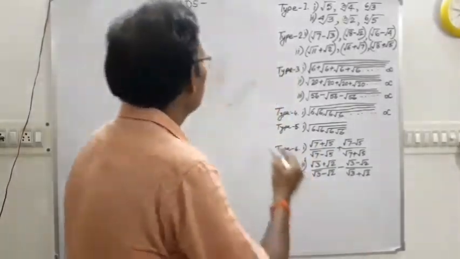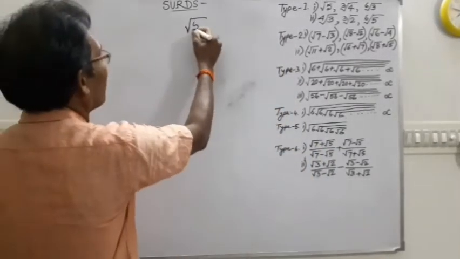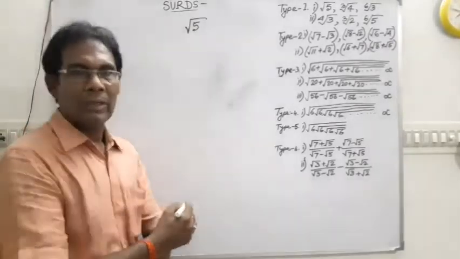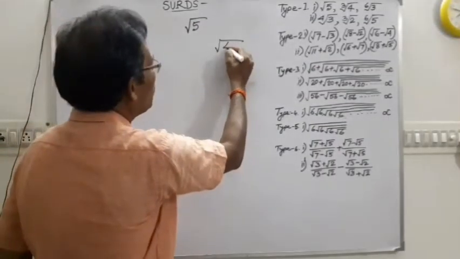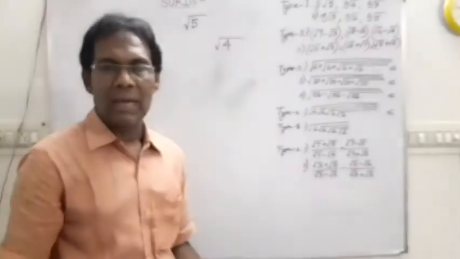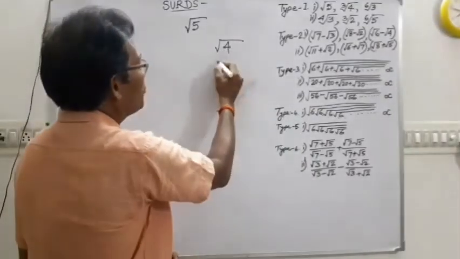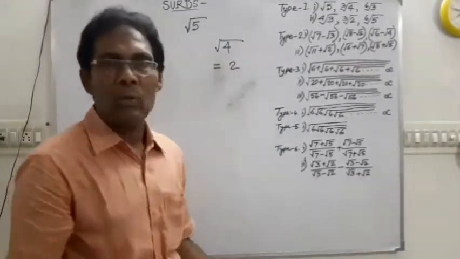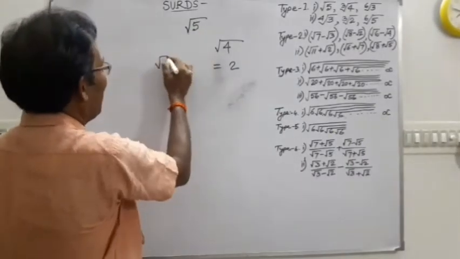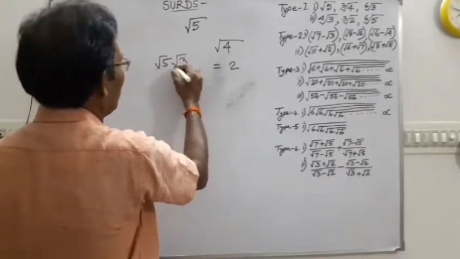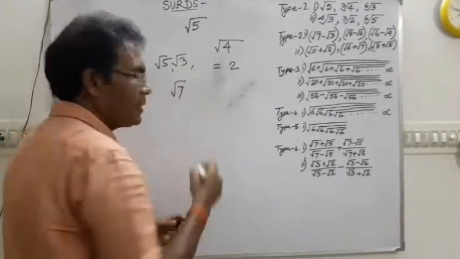For example, root 5 is a surd, but root 4 is not a surd because root 4 has an exact value. Examples of surds are root 5, root 3, and root 7.